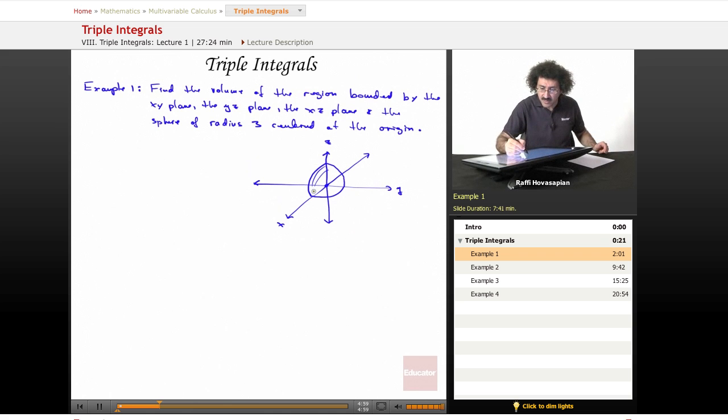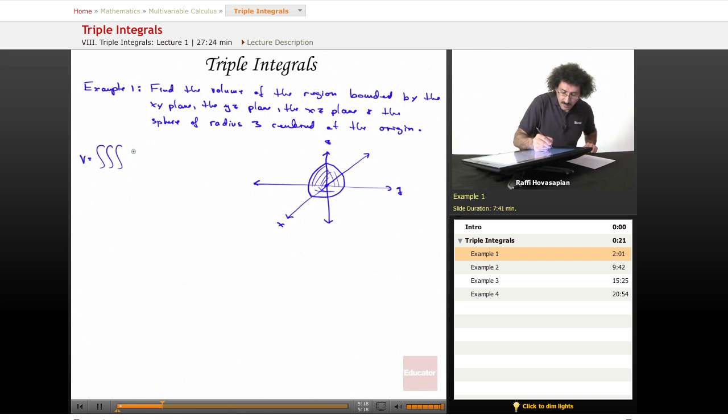That's my particular region. So my volume, by definition, using triple integrals, the function that we're integrating is 1.